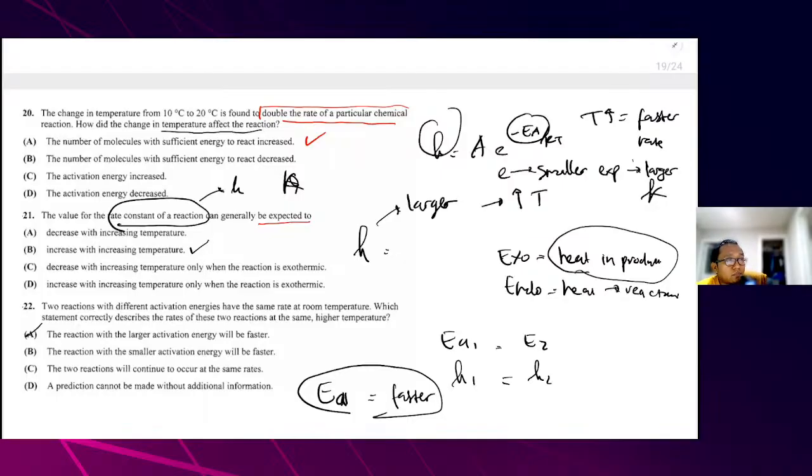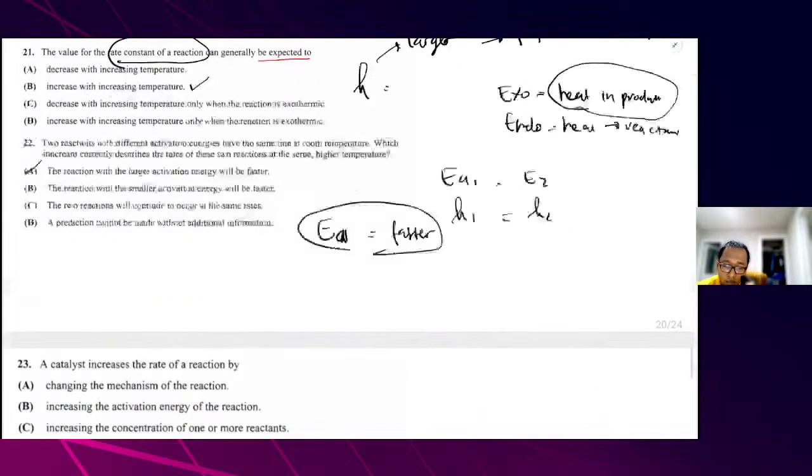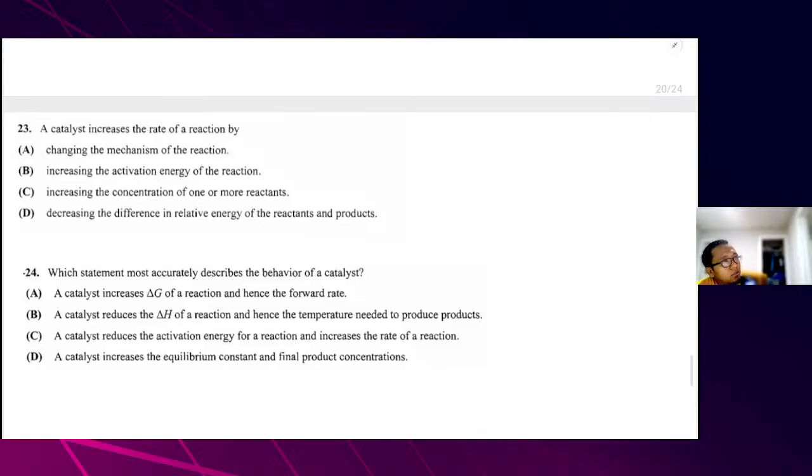So at higher temperature, the reaction with larger EA will speed up more. Because this one has a big EA, it will achieve the minimum energy to make the reaction happen faster.